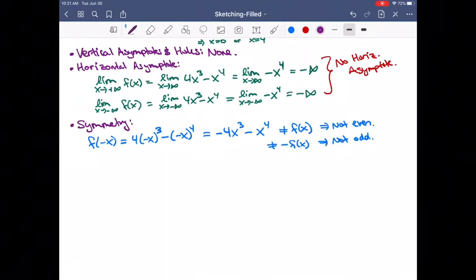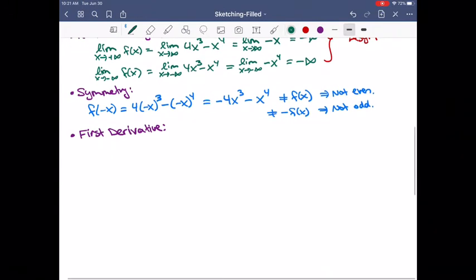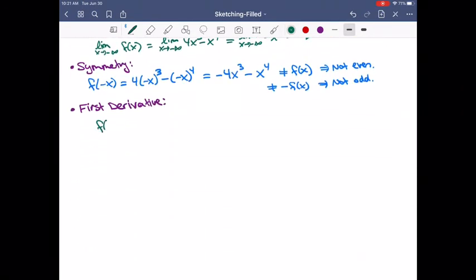So now we want to think about all the stuff related to the first derivative. Okay, so that means I want to calculate the first derivative. Okay, so our function is 4x cubed minus x to the 4th.